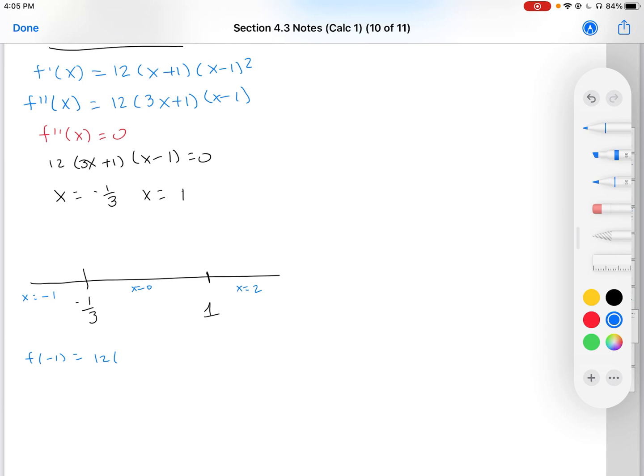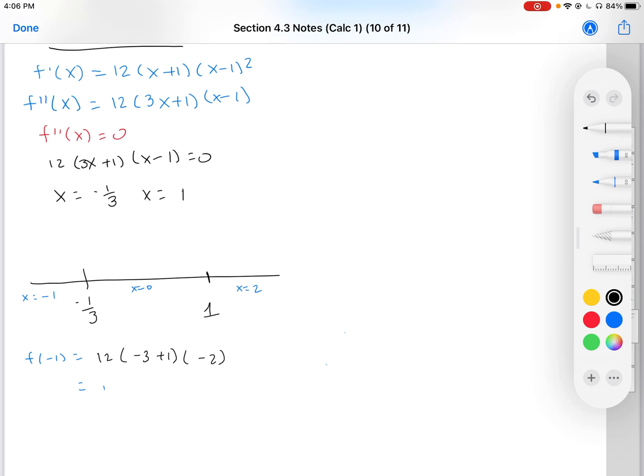So I have 12 times negative 3 plus 1, and then negative 1 minus 1 is negative 2.